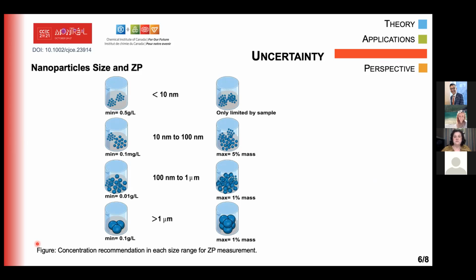Depending on the size of your particle, if you have a large particle or colloidal system, you will have a great probability of clusters or sedimentation or even deposits of these particles in your solution. So you won't be able to get a really good zeta potential measurement.